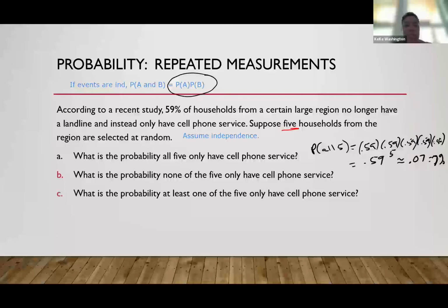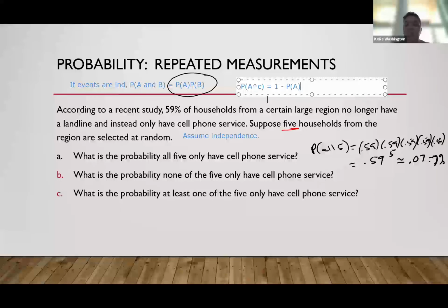Okay. What's the probability none of the 5 have only cell phone service? If the chance that I have cell phone service only is 59%, the chance that I do not is the complement. Again, on your formula sheet, you have a formula for complements. That formula says the complement of event A is 1 minus the probability of event A. That's as a decimal.